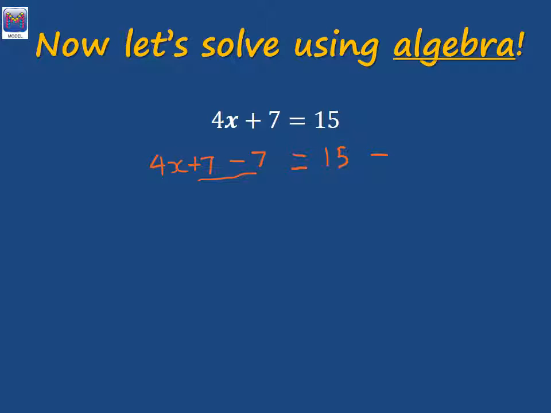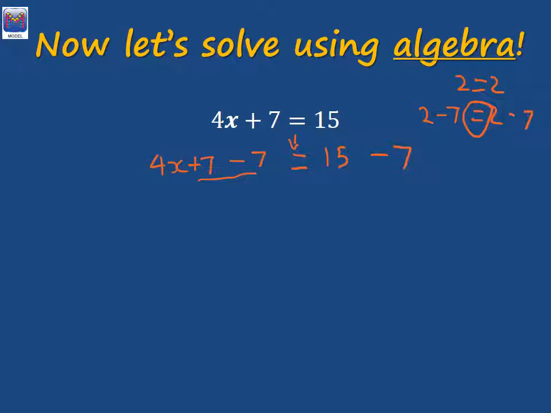If I do it over there, I've got to do it over here, because that keeps everything equal like it says in the middle there. If I had, say, 2 equals 2, that's correct. If I have 2 minus 7, that all of a sudden doesn't work. I have to do the minus 7 over there to keep it equal. So that's why I'm doing it to both sides.